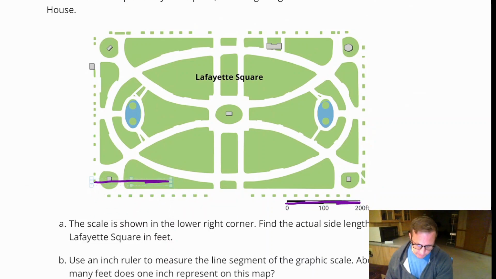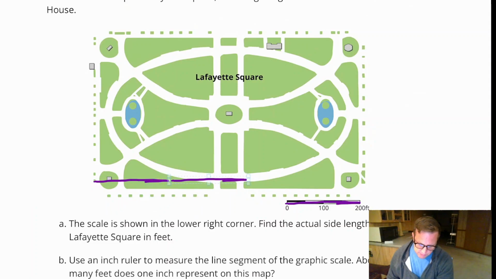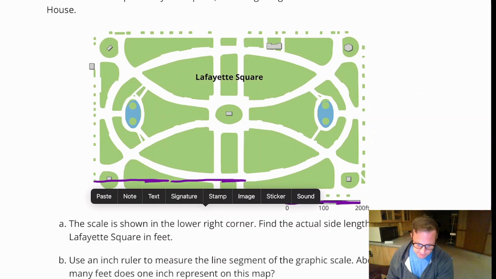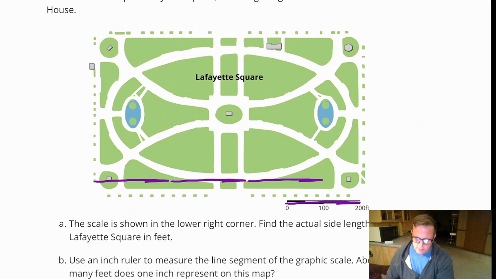All right. Put that right there. That's 200 feet. That's another 200 feet. There's another 200 feet.